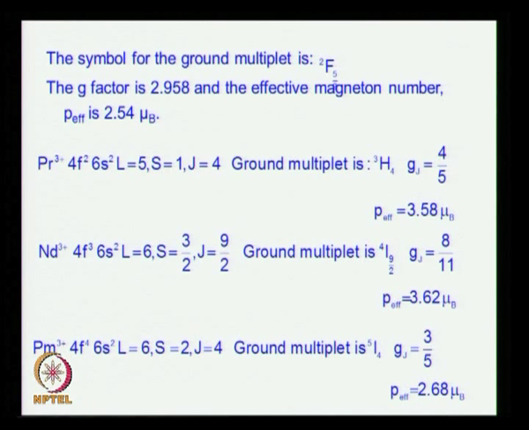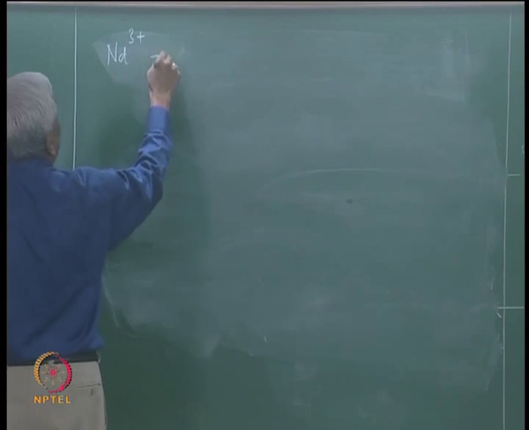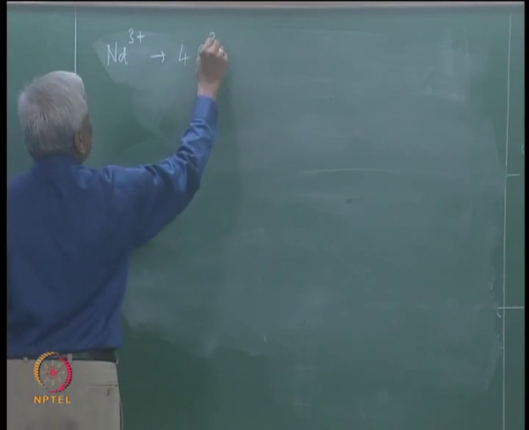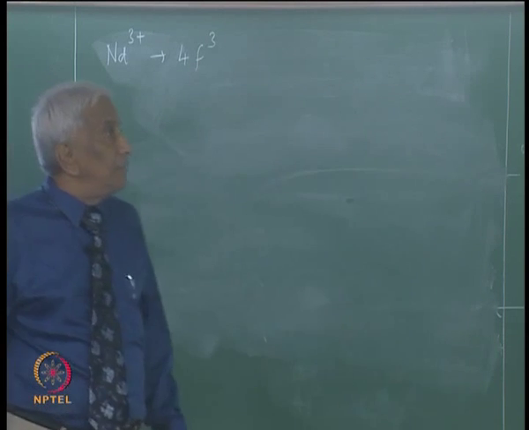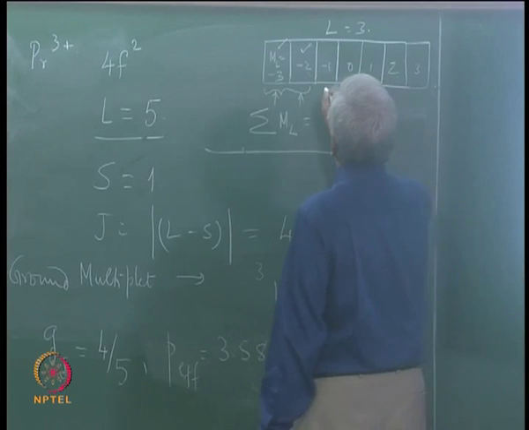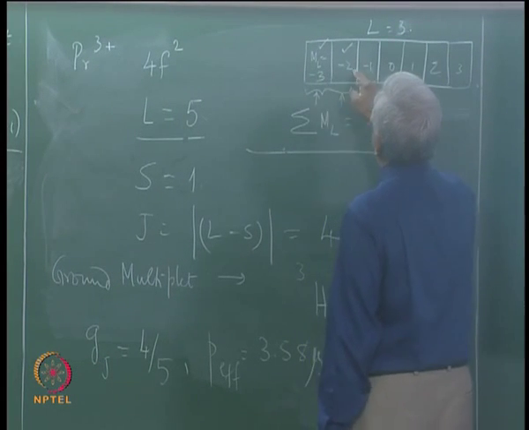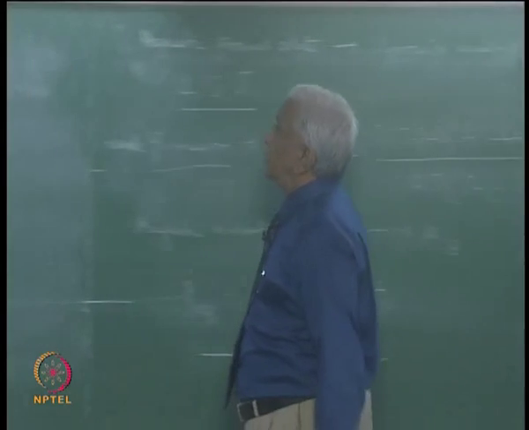Adopting the same procedure for the next ion in the series, which is neodymium 3 plus, which has 3 electrons in the 4f shell, and therefore, following the same procedure, sigma ml will be -3, -2 and -1. So, this will be -6.